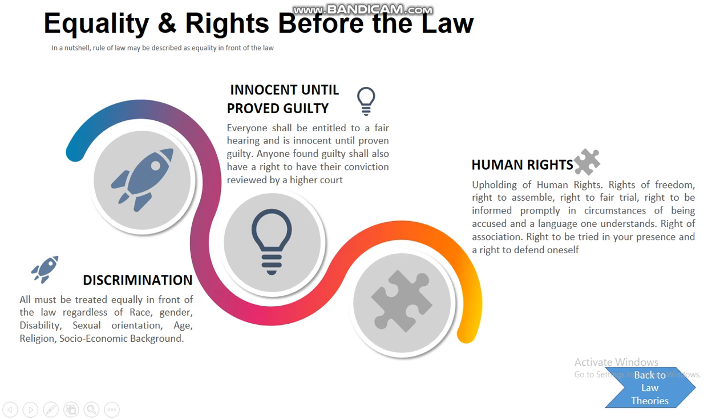If we go into equality and rights theory, I've further broken this down into 3 areas, but this is actually a broad area, and being constrained by space and time, I've just managed to highlight a few items about upholding human rights: rights of freedom, rights to assemble, rights to a fair trial, rights to be informed promptly in circumstances where you're being accused. We also talk about being innocent until proven guilty, and equality in front of the law, regardless of race, gender, disability, sexual orientation, or age.